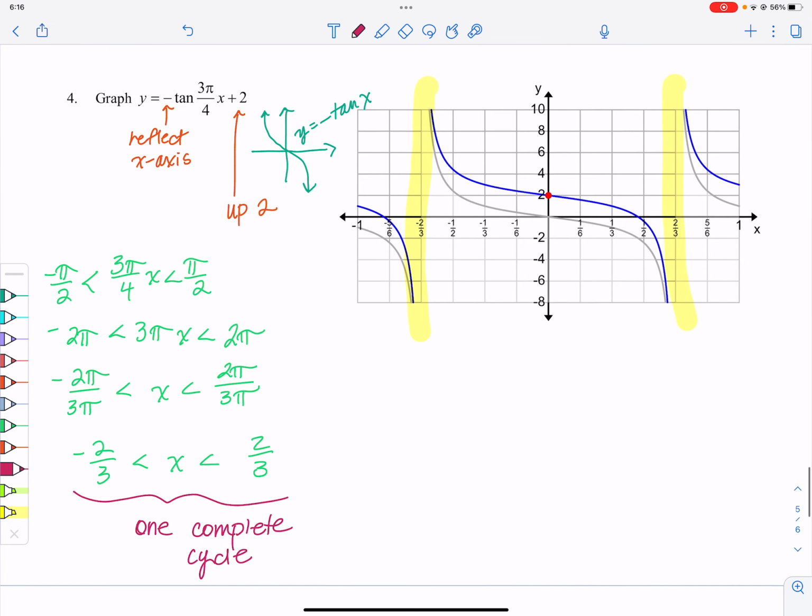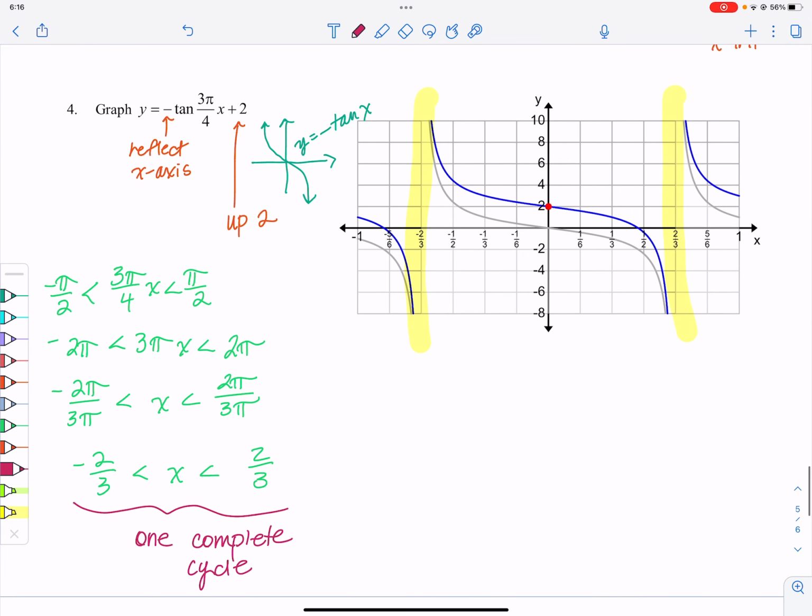There. And let's go ahead and see if we can come up with our x-intercept. And we could do that before we move up 2 units. So before shifting up 2, here's how we will find our x-intercepts. And we'll just find one of them.